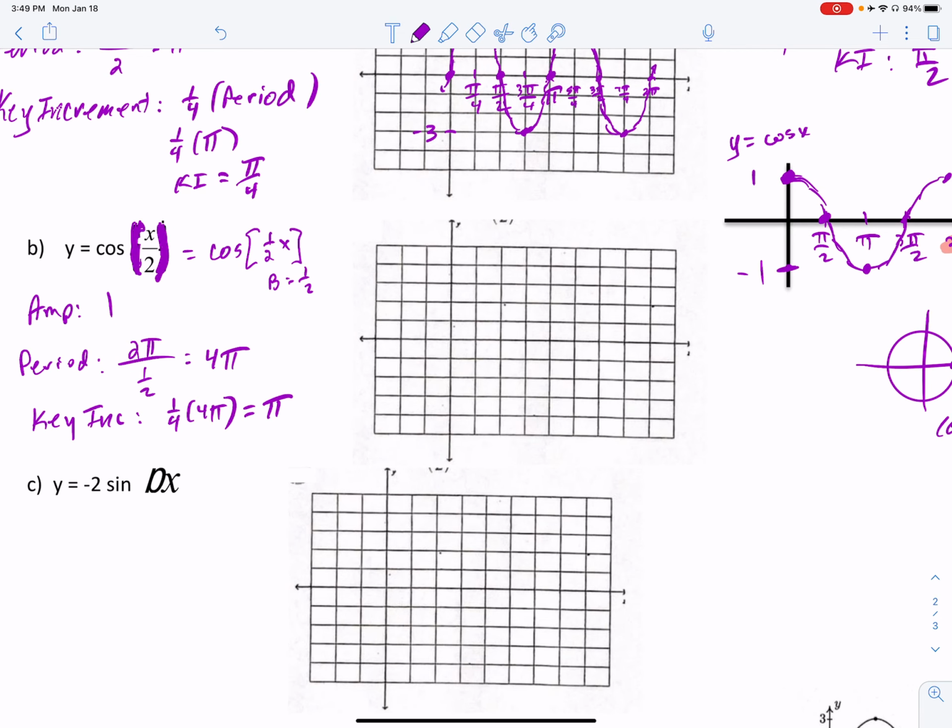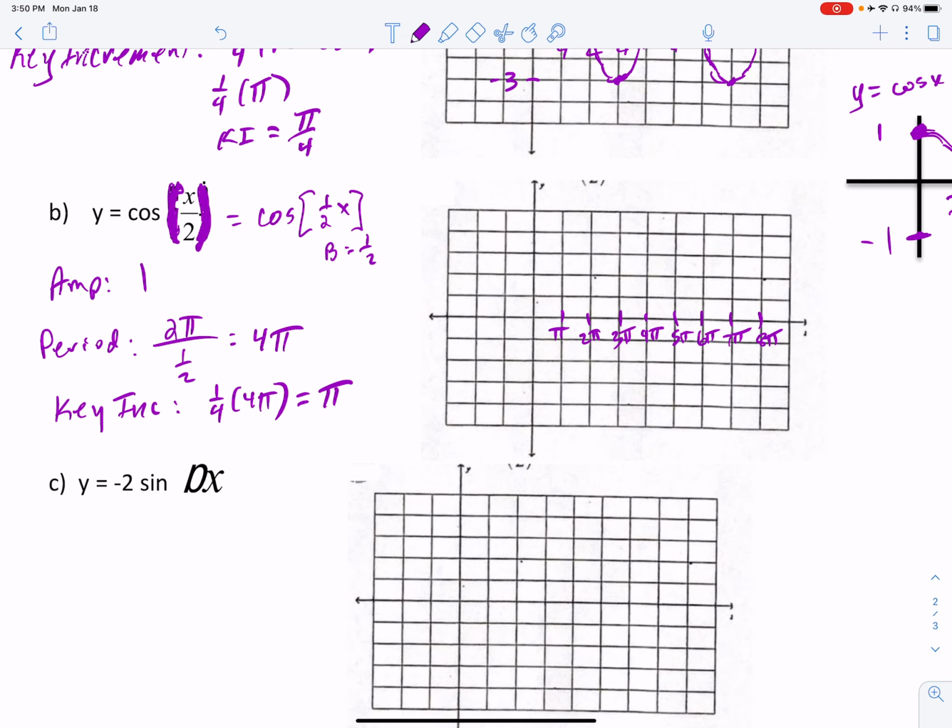We're going to label the x-axis by the period: pi, then by the key increments, 2 pi, 3 pi, 4 pi, then 5 pi, 6 pi, 7 pi, and then we will end at 8 pi because we're going through 2 periods. One period is 4 pi, and 2 periods is 8 pi.